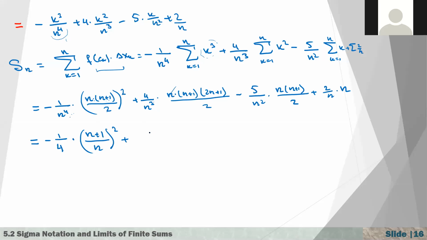I have two n's left, so I can write it as 4 over 2, that's equal to 2, times n plus 1 over n, and this n plus 1 over n, I can just write it as 1 plus 1 over n. The next one is 2 plus 1 over n. Minus, here we have 5 over 2, and n plus 1 over n, that's equal to 1 plus 1 over n, and my plus 2.